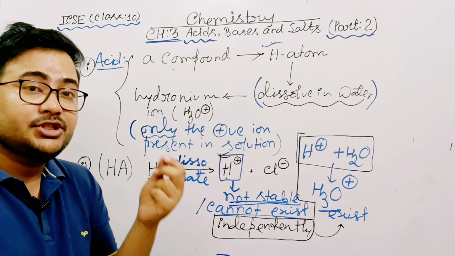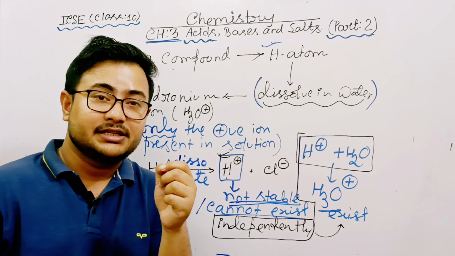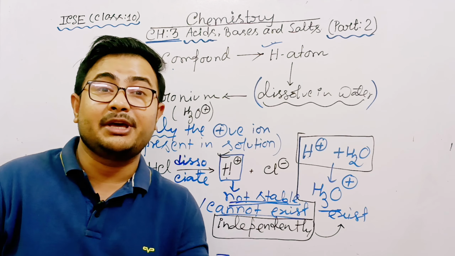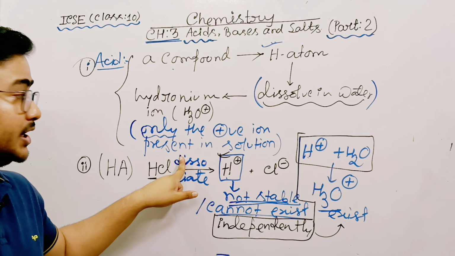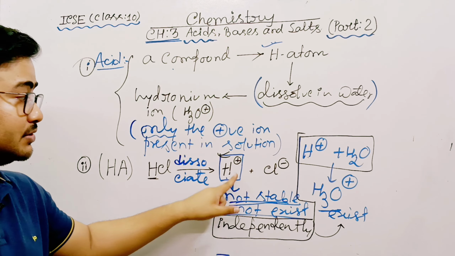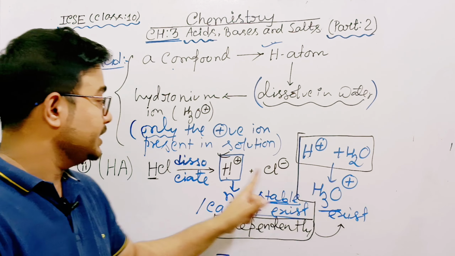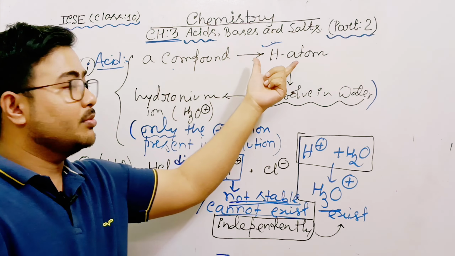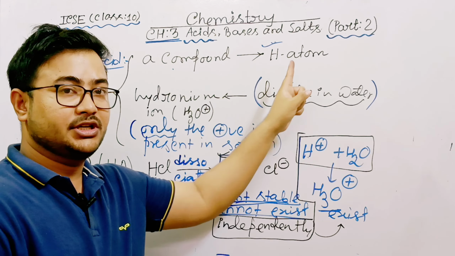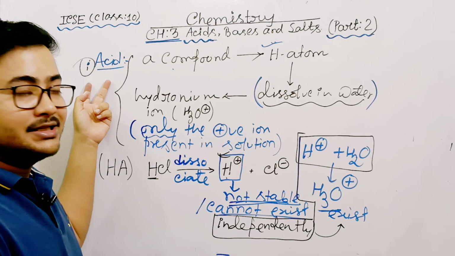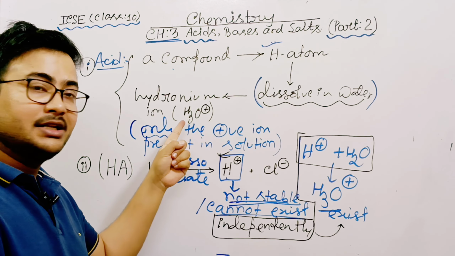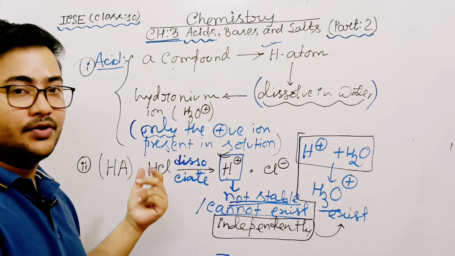So if I ask a question, acid produces which stable positive charge? Your answer is not H plus, your answer is H3O plus. Why? It is not stable. So which atom is commonly present in acid? First question, H. What is the stable positive charge produced by an acid? Hydronium ion. Do you understand? And the third definition of an acid.